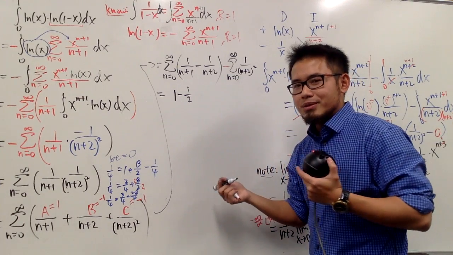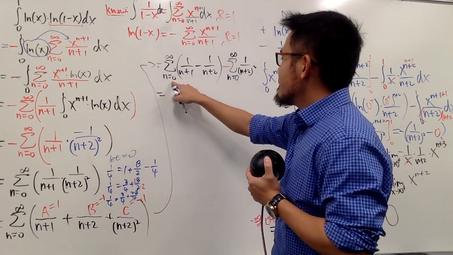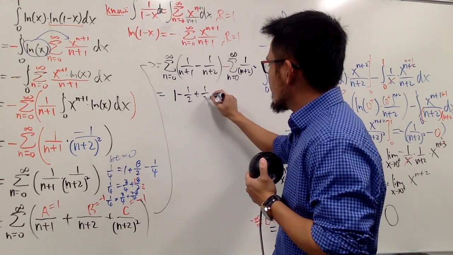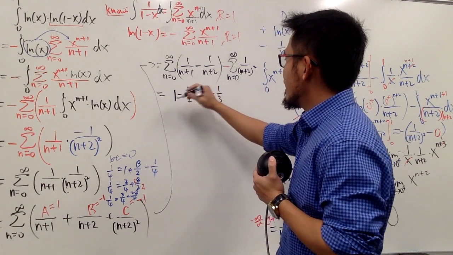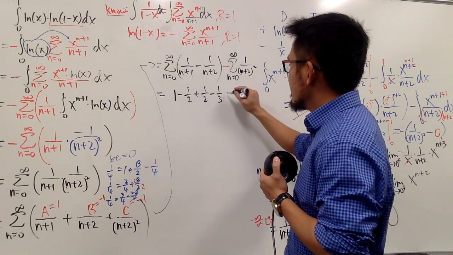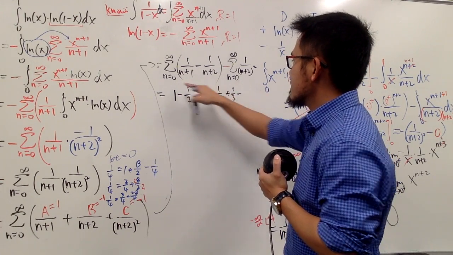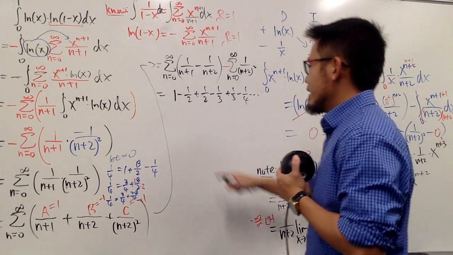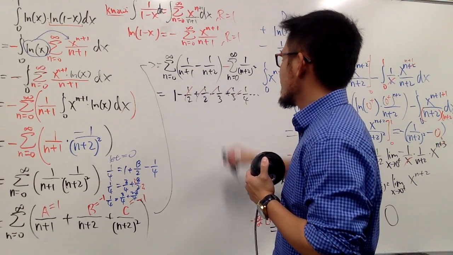And then plugging in 1 next, you get plus 1 over 2 minus 1 over 3, right? And then plugging in n equal to 2, you get plus 1 over 3 minus 1 over 4, and so on, right? Anyway, you see all the middle terms cancel out.